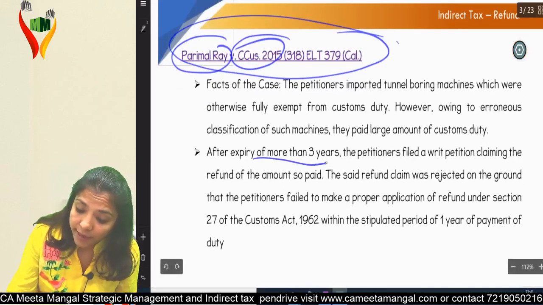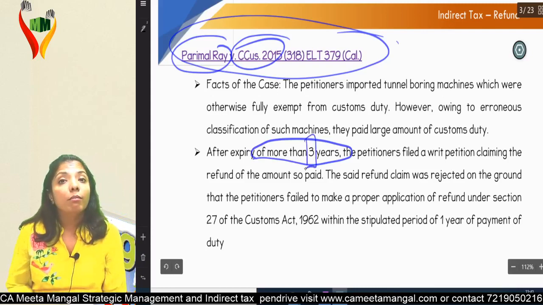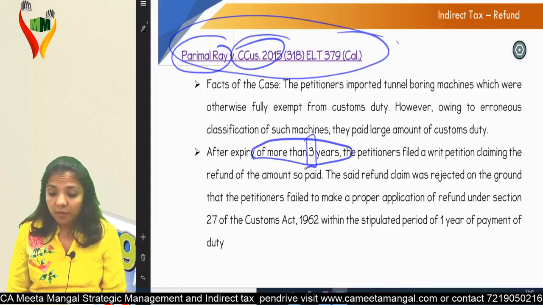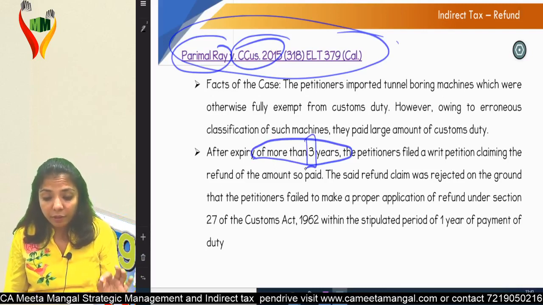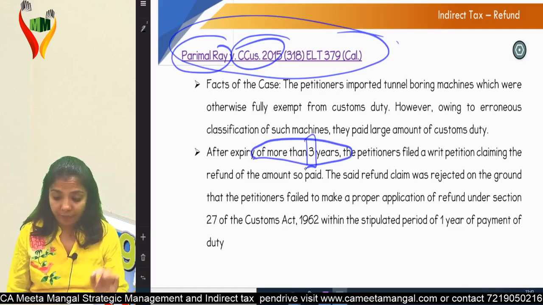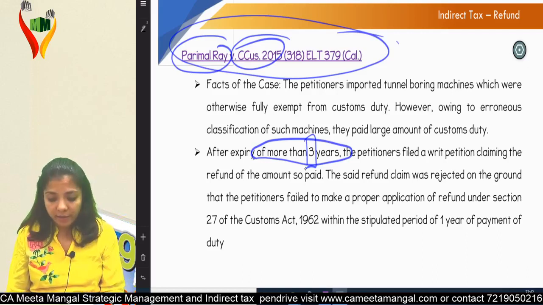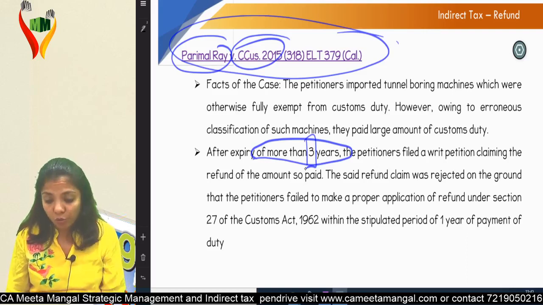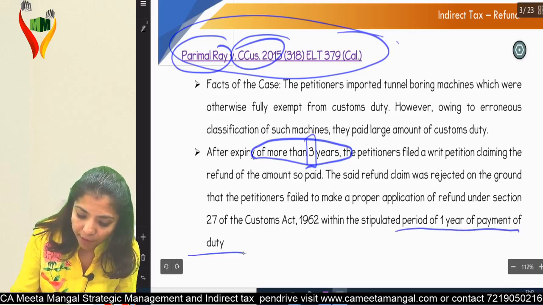After the expiry of more than 3 years, the petitioner filed a writ petition claiming the refund of the amount so paid. The refund claim was rejected on the ground that the petitioner failed to make a proper application for refund under section 27 of the Customs Act 1962 within the stipulated time of 1 year from the payment of duty.